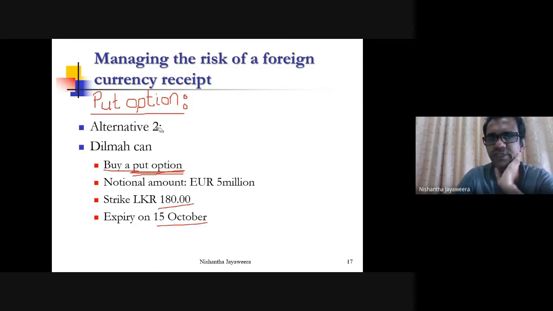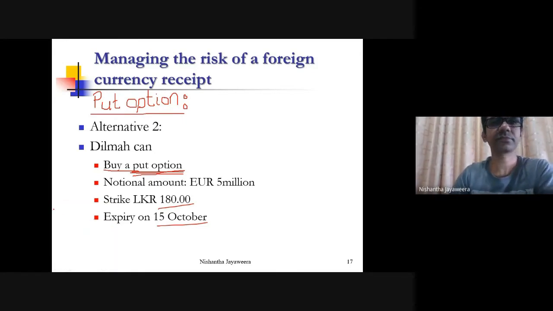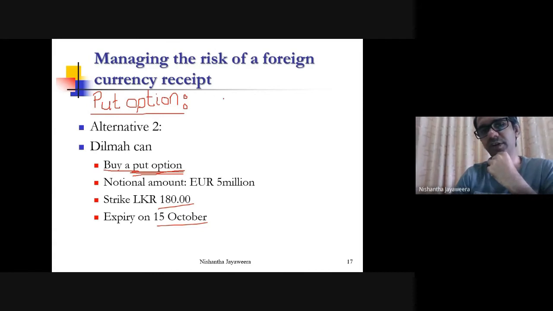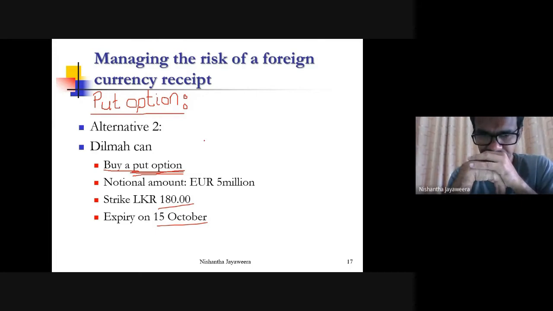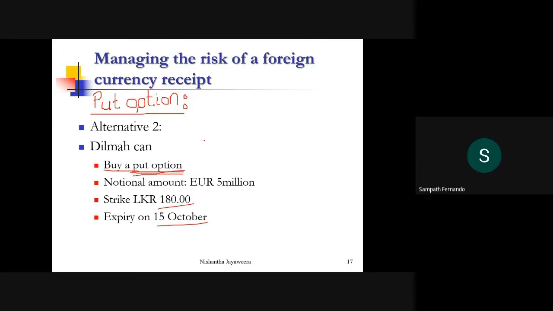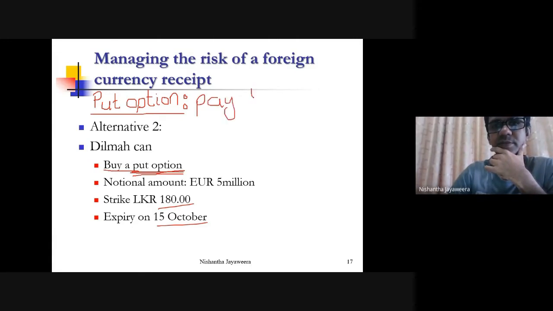To buy the put option, at the time of purchase, what do you do as an option buyer? Pay a premium. So you pay the premium.